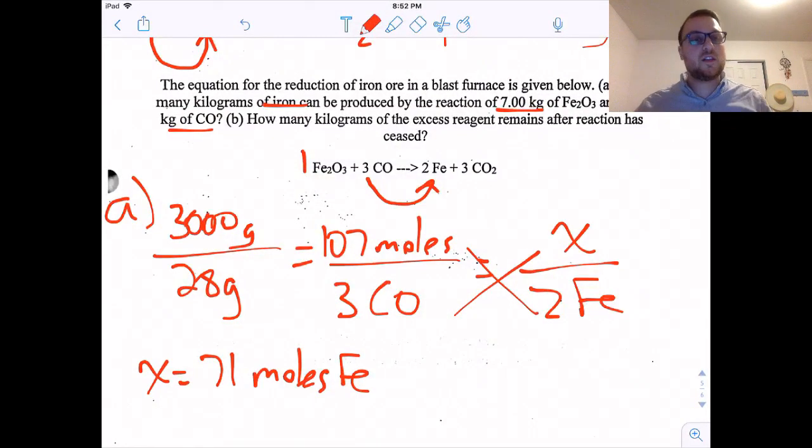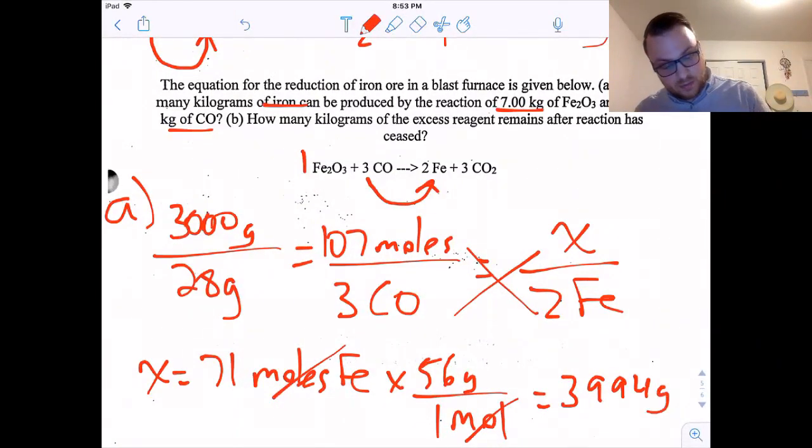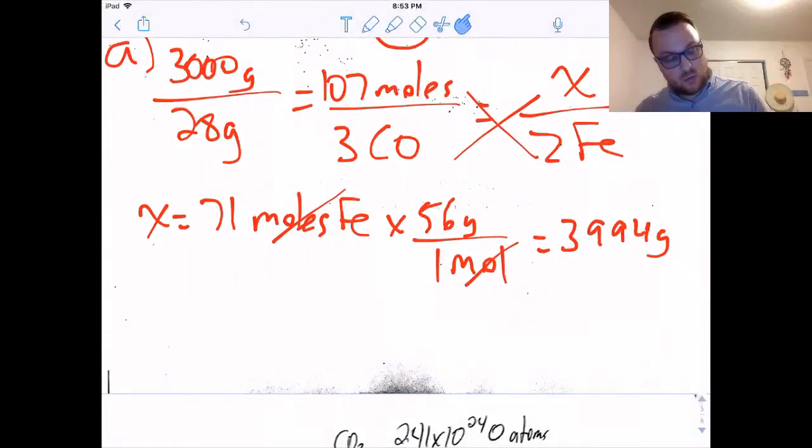So I'm going to multiply this by 56 grams, because that's what 1 mole is. My moles cancel, and I get 3,994 grams, which is equivalent to 3.994 kgs, kilograms.